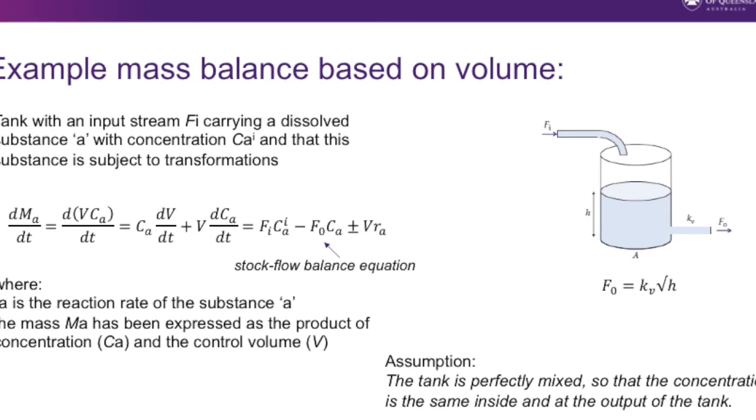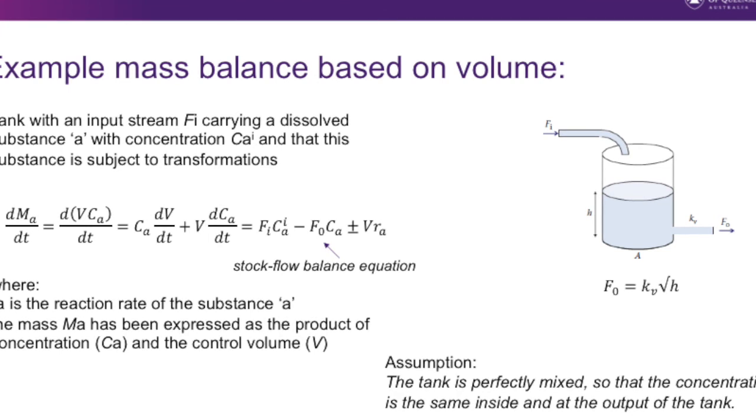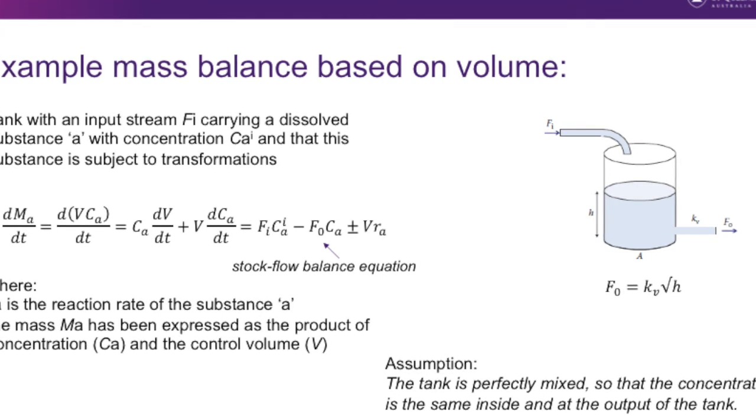We may not have the explicit value for each of the flows. For example, we can have a flow out that is dependent on the friction and on the height, and we will need to replace this value.